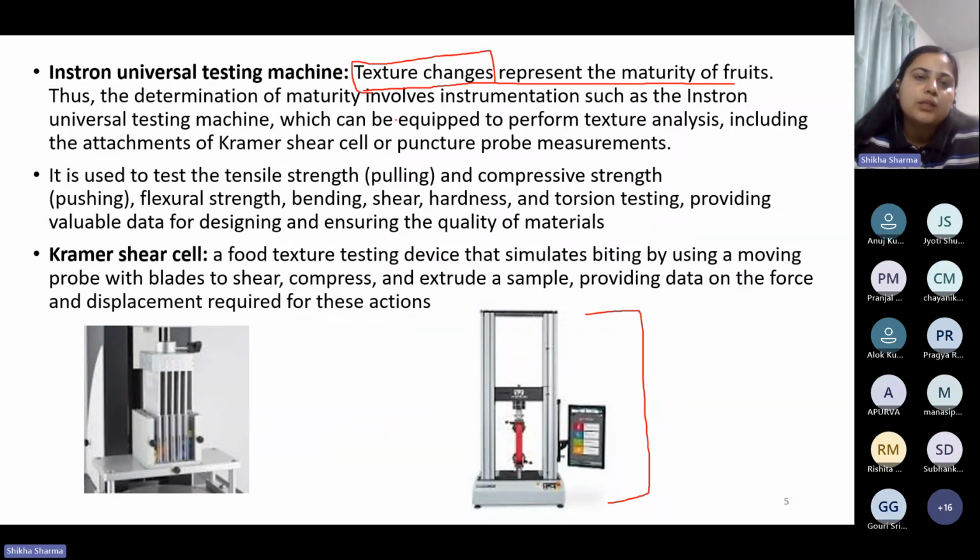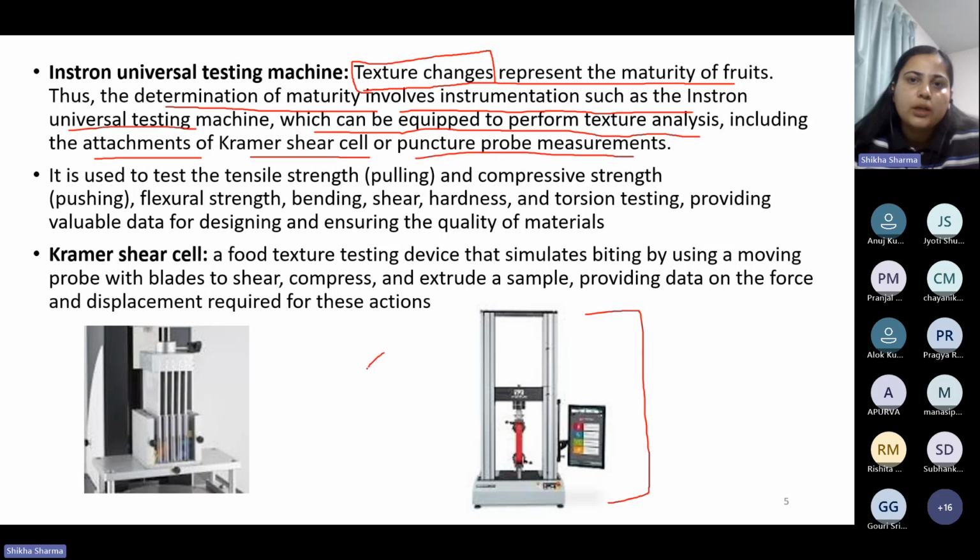Usually the firmness decreases with storage time, so we measure it from this machine. Determination of maturity involves instrumentation such as the Instron Universal Testing Machine, which can be equipped to perform texture analysis, including attachments of Kramer shear cells or puncture probe measurement.